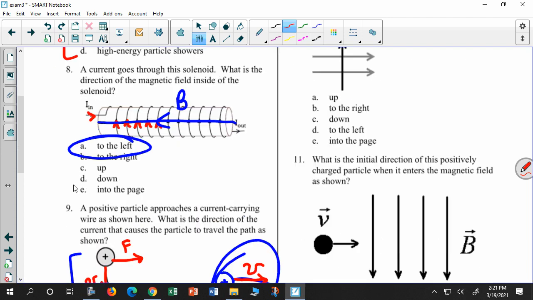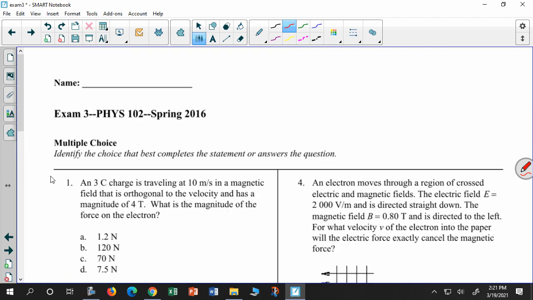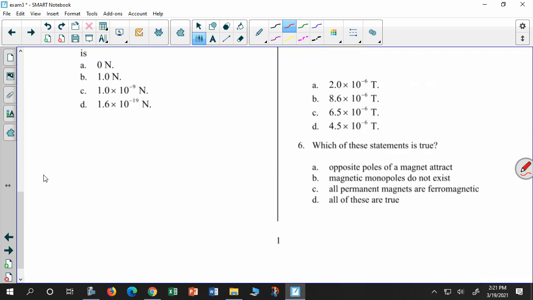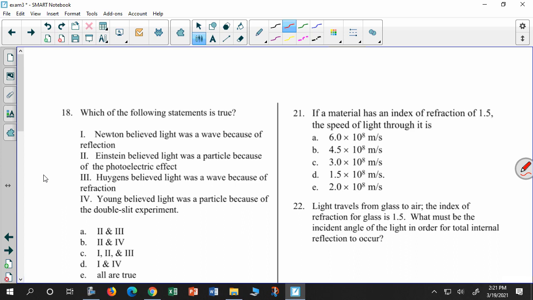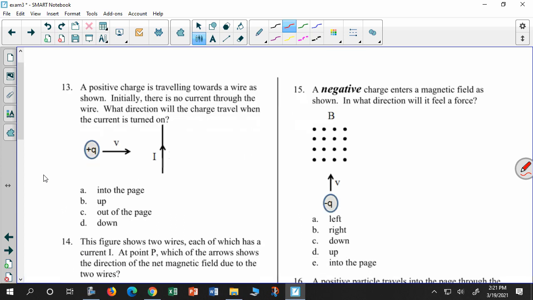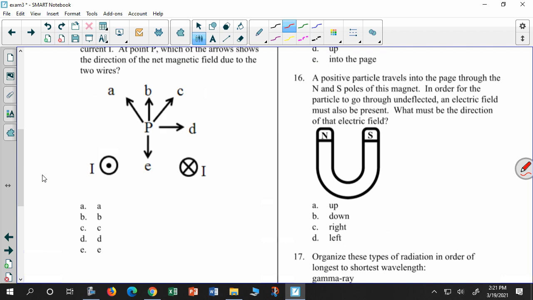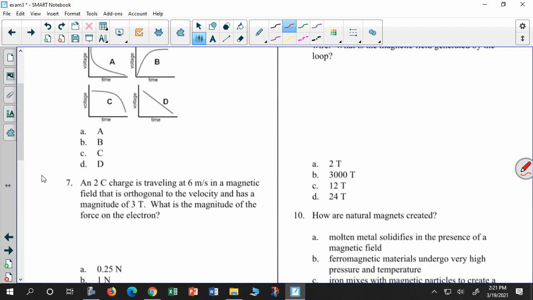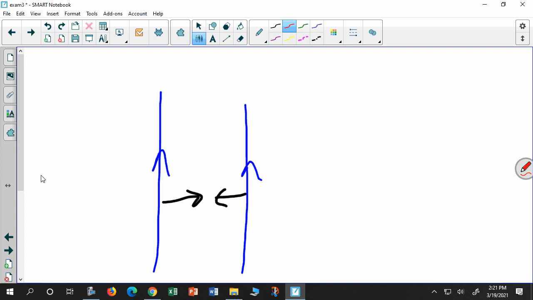Yeah, those are on most exams. So let's just look around here, but not on this one apparently. I'm excited to get to light next on Monday. We've been in electricity and magnetism for a long time.